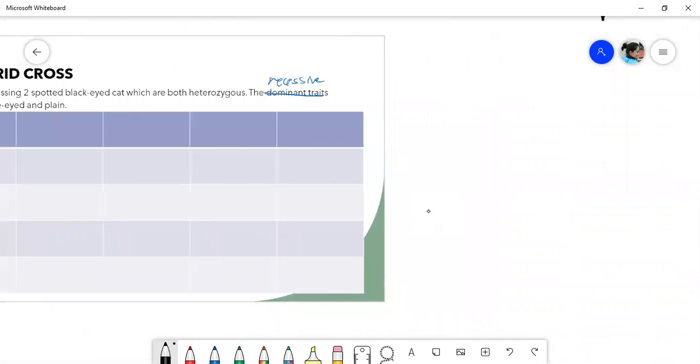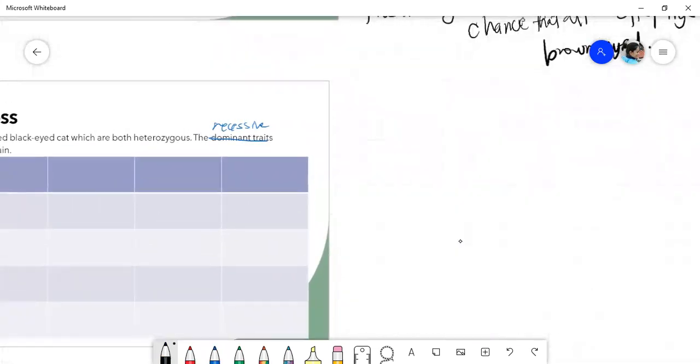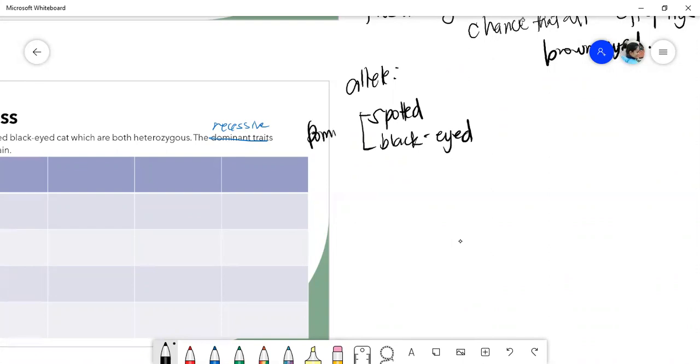If we're going to find the allele of this one, let's look for the allele first. Since that is spotted, meaning the recessive, what was not obtained is already your dominant. So these are the dominant traits.